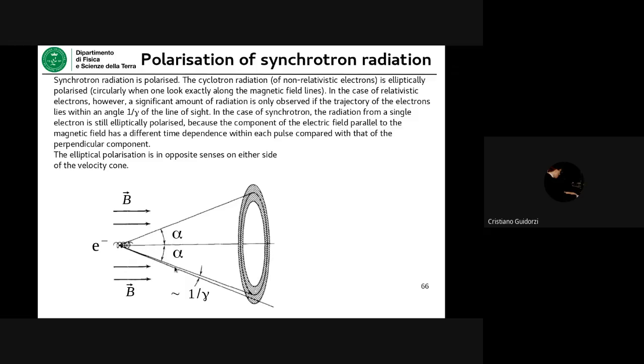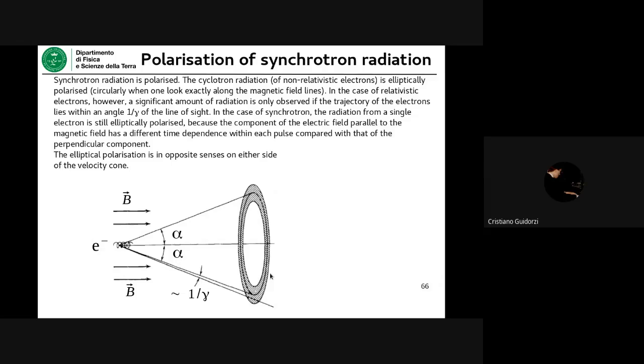Among all the possible lines of sight through which you are observing the electron, most of the radiation will be emitted along the line of sight that go through this shaded region, close to the boundaries of the velocity cone.